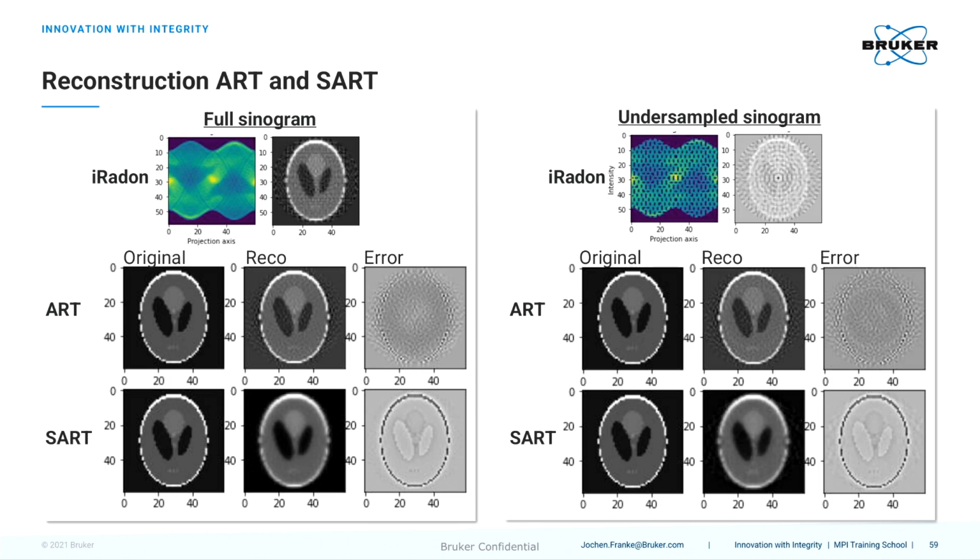Using the undersampled sinogram, we can again reconstruct the original one by telling the algorithm where the holes are and excluding that data. This is a standard reconstruction approach which has been used in CT for years to reduce metal artifacts, and this can be used here in MPI as well.